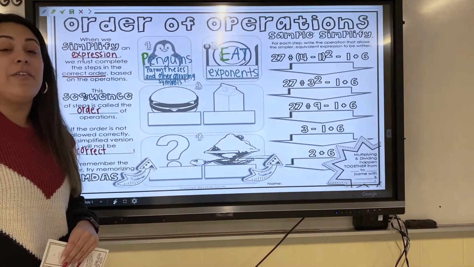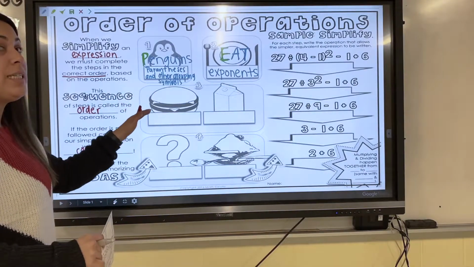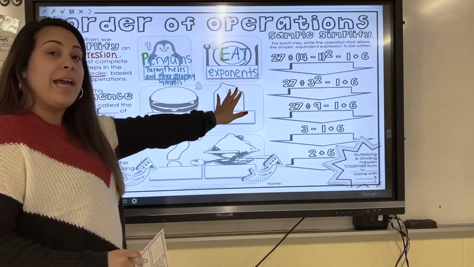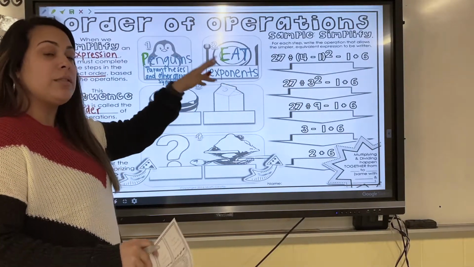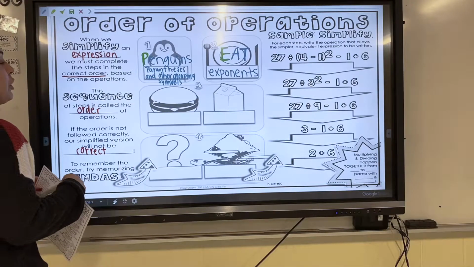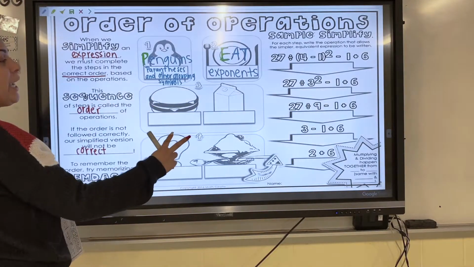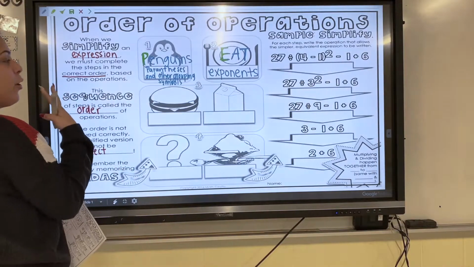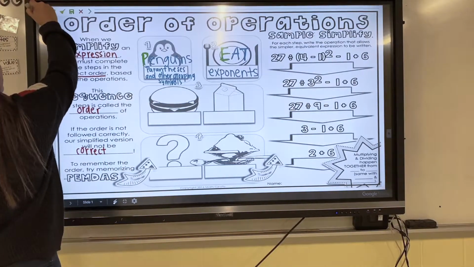So if we're ever given a problem and we have parentheses in it, we have to do the parentheses first, and then we'll see, okay, does it have exponents? Then we'll do exponents. But after exponents, number 3 and number 4 technically go together, but it depends on the order that we see it in.